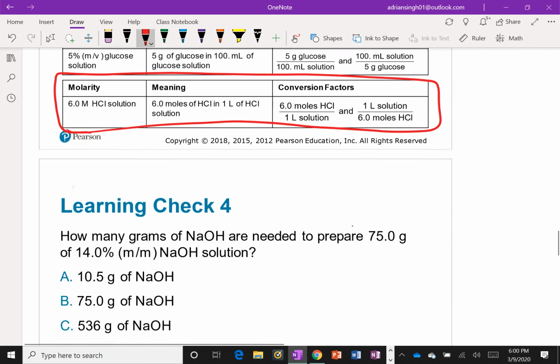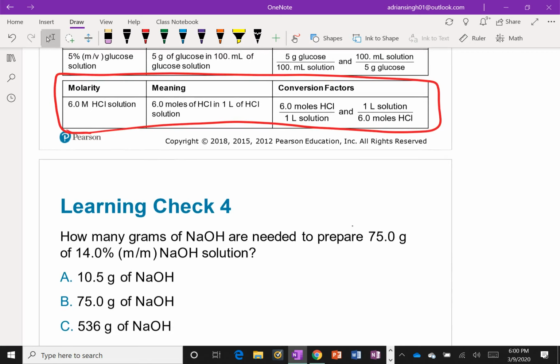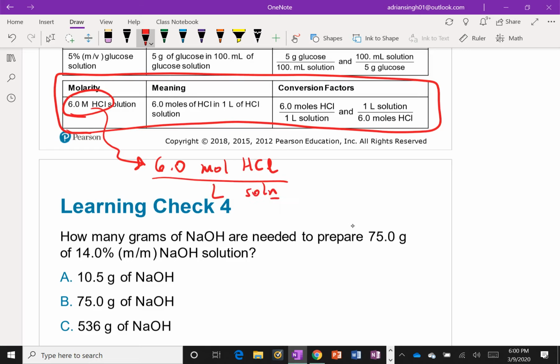So if I tell you that a solution is 6 molar HCl, right? What that means, and the way that you should interpret that, is you have 6.0 moles of the HCl per liter of solution. Right?